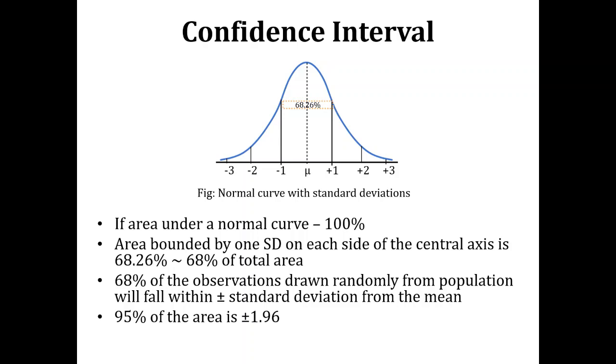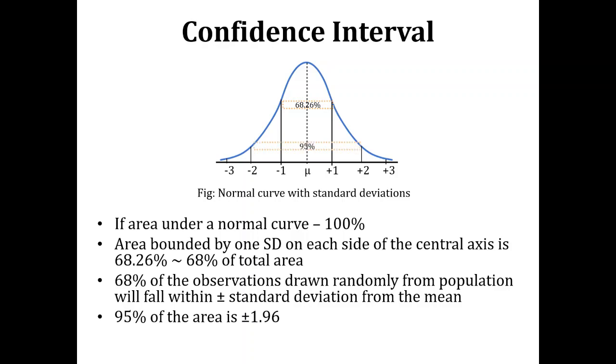And if we want to increase our confidence level, and if we want to include 95% of the total area, then we will have to go minus and plus 1.96, because minus and plus 1 is 68% of the area, and minus and plus 1.96 is going to give us 95% of the area.